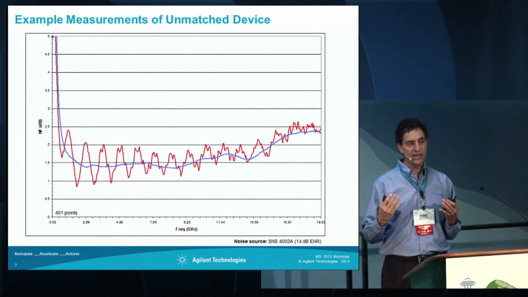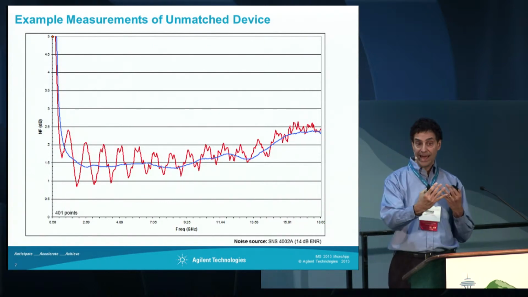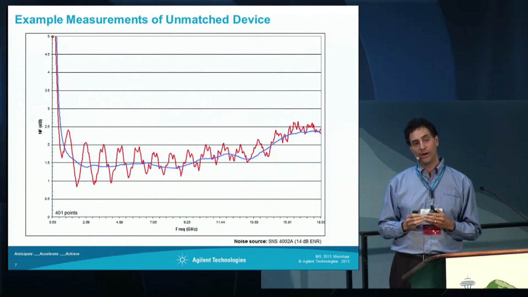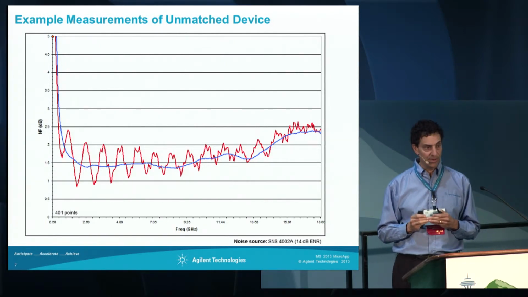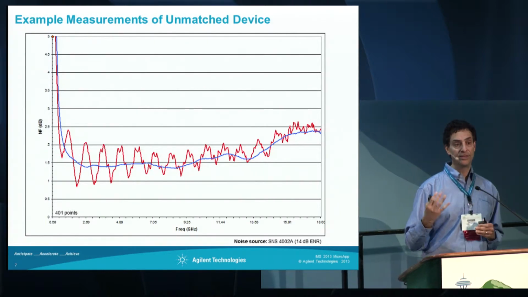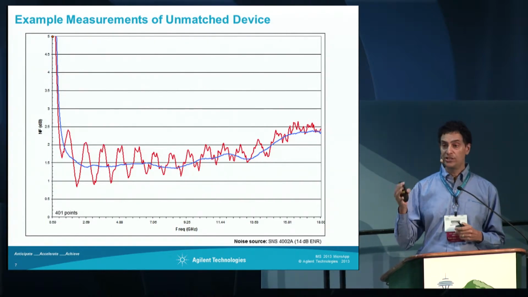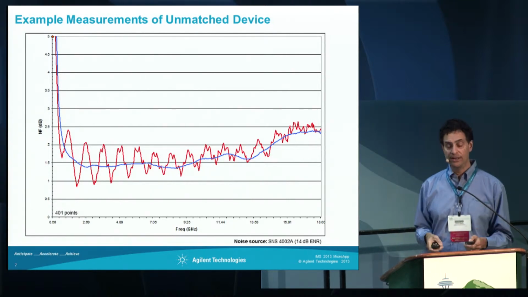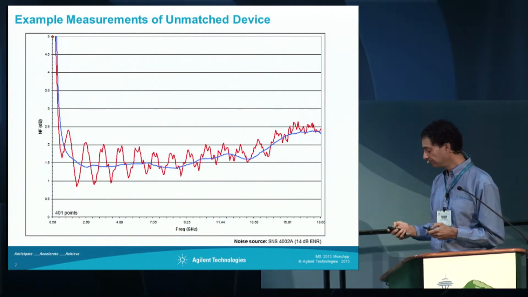So it's a combination of correcting for classic sinusoidal mismatch as well as correcting for noise parameter related errors, where the sensitivity of the device under test, its noise figure versus impedance sensitivity and variation, that's what we're correcting for.